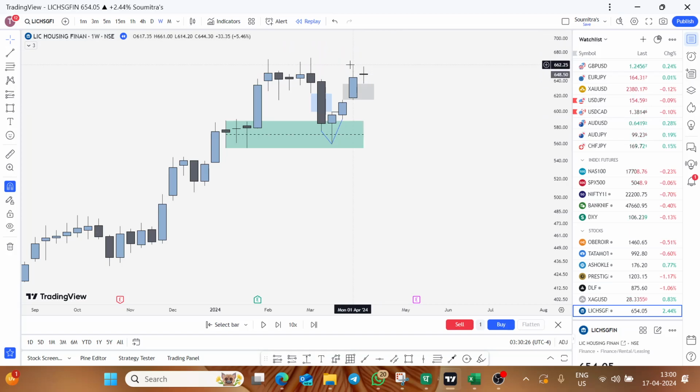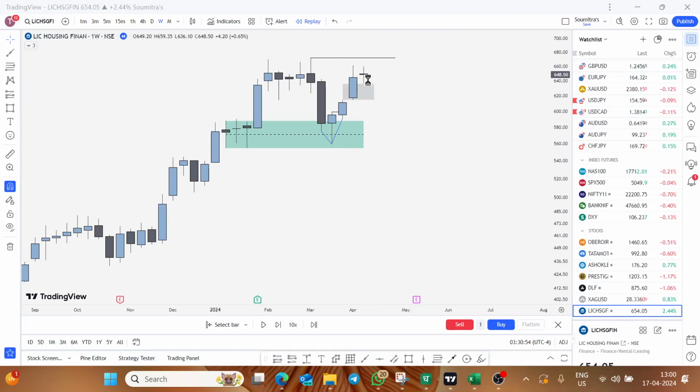So we can already see that this internal liquidity has been violated, and hence the next drawn liquidity is this swing high. So our best guess is that we have created this bullish fair value gap.